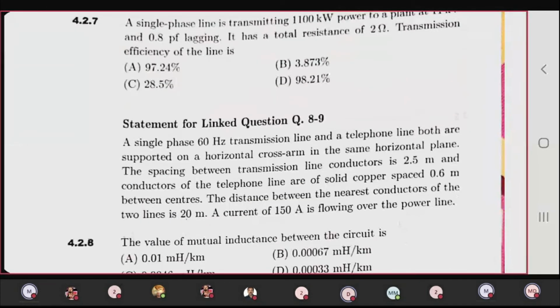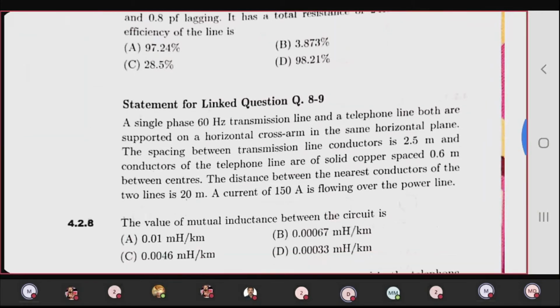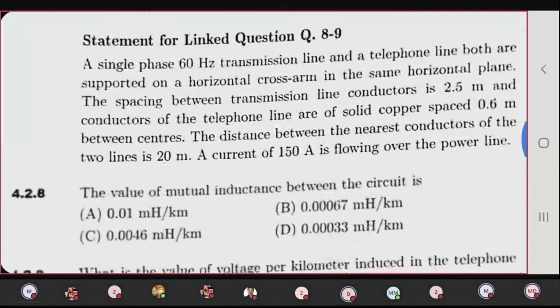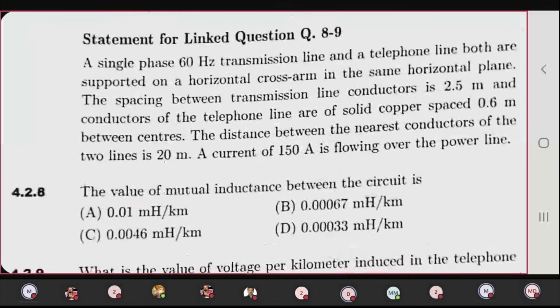So next one is a statement based question. Question number 8 and 9. A single phase 60 hertz transmission line and a telephone line both are supported on a horizontal cross arm in the same horizontal plane. The spacing between line conductors is 2.5 meter.